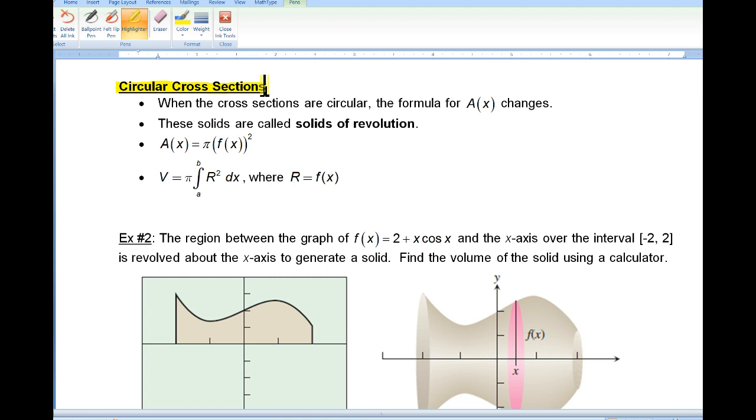This is still kind of like slicing, where it's the area formula, but basically it's a circle. Take an area, and if you start rotating it, you get a 3-dimensional solid. That's why these are called solids of revolution.